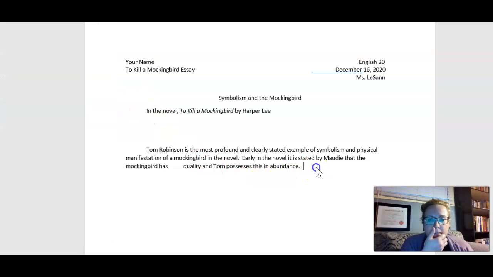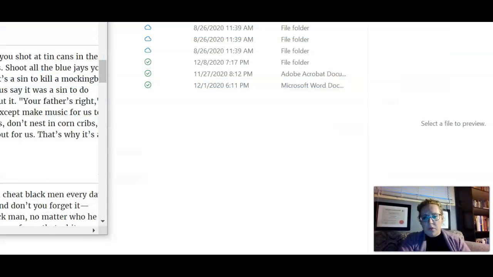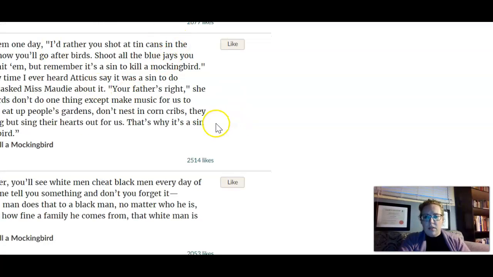So I'm going to write it in abundance. When Miss Maudie tells the children, and then this is how I would quote. This is what I mean when you can't let a quote stand on its own. Except mockingbirds don't do one thing except.